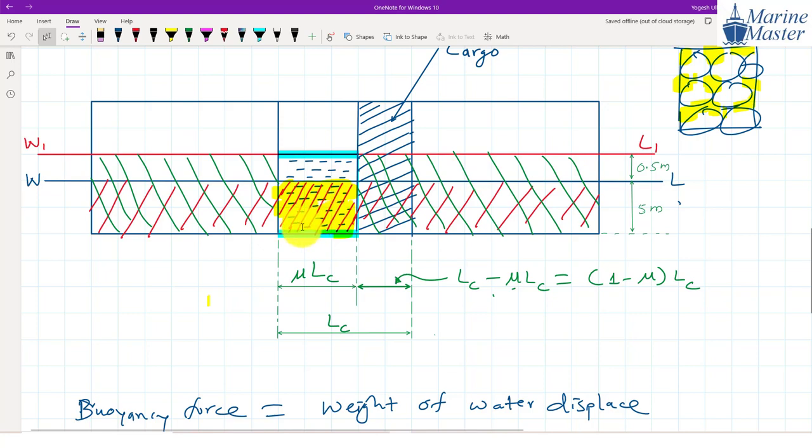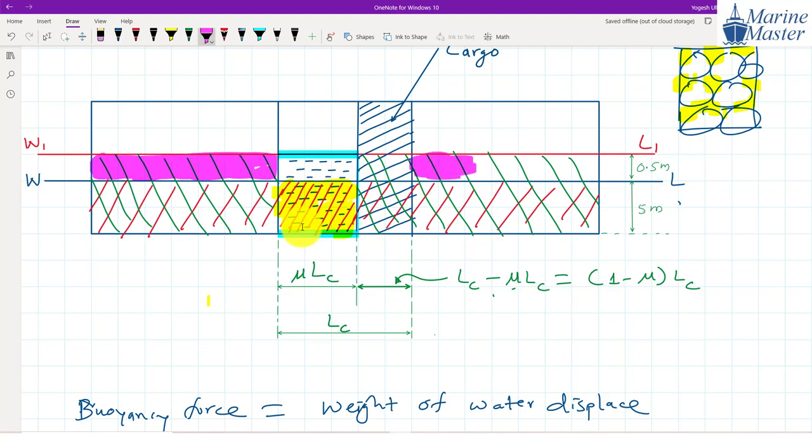But if we are maintaining a constant displacement, wherever we are losing the buoyancy, there should be some gain in buoyancy, guys. Then and only will we have the same displacement. So what will happen, guys?